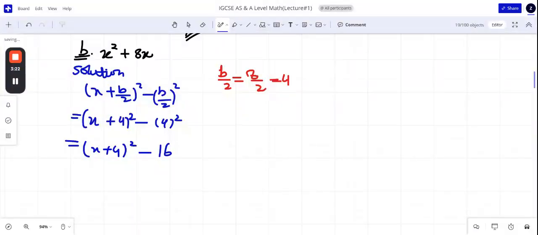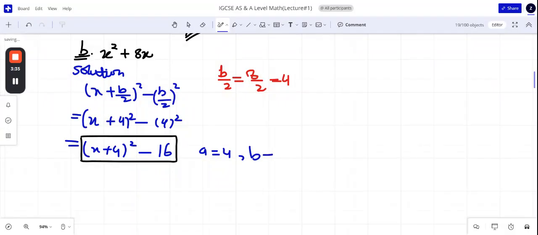So now we got the required form (x + a)² + b, where the a value we got is 4 and the b value, a and b both are constants, so there could be any number. b is -16.